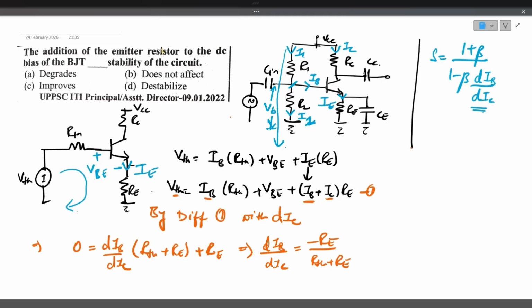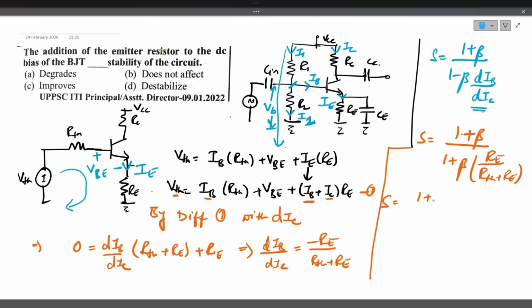By substituting this in the stability factor equation, we will get stability factor S is equal to 1 plus beta divided by 1 plus beta RE divided by R Thevenin plus RE. This is the final stability factor equation.